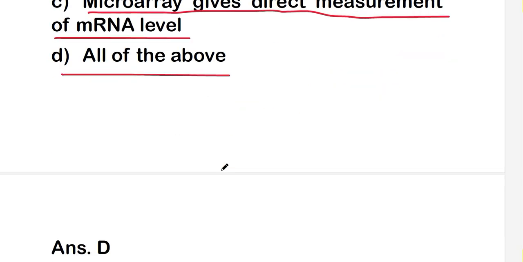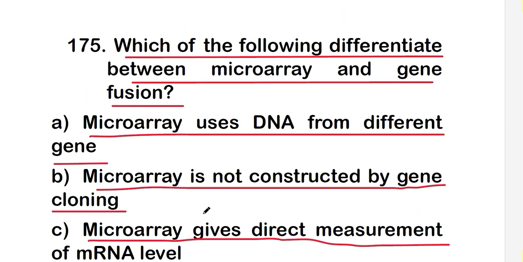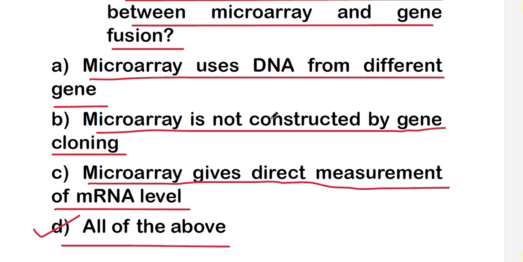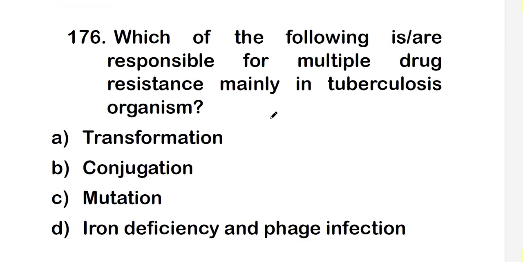And the right one is option D, that is all of the above. So all of these are correct about the differences between microarray and gene fusion. Okay, so let's move on to next question, that is 176.